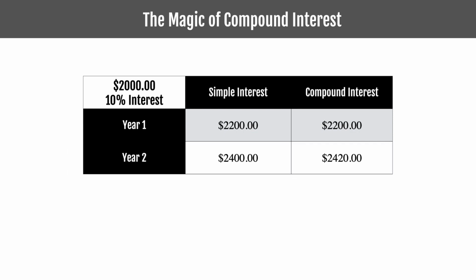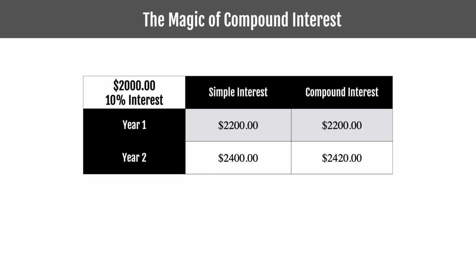In year two, with simple interest, we took the base amount $2,000, we multiplied it times 10% interest, which gave us the $200 in interest. So we take that $200 and we add it to our previous balance, which was $2,200, which gives us a total for year two of $2,400. However, you'll notice in the compound interest section that there's actually more interest.